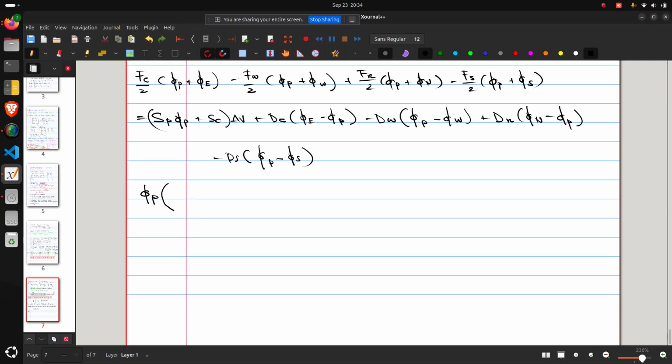What will be the phi P value? For phi P we'll have dE plus Fe by 2, right? Now here this is also negative, so dW, but here if you see it is minus Fw by 2.